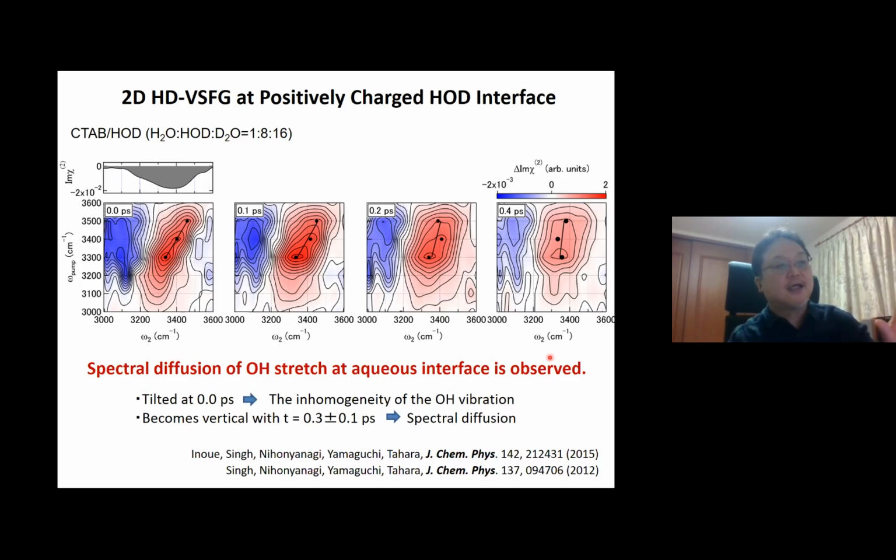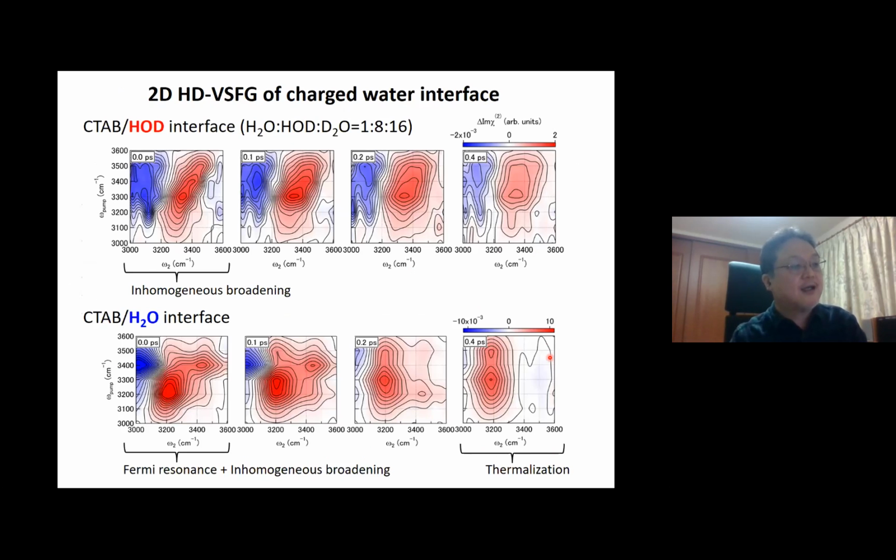This is the spectrum obtained with isotopically diluted water, in which HOD is the main species providing the OH stretching band. The use of isotopic dilution is very important for 2D heterodyne spectroscopy of the water surface. The reason is that this is the same CTA water interface, but from neat water.